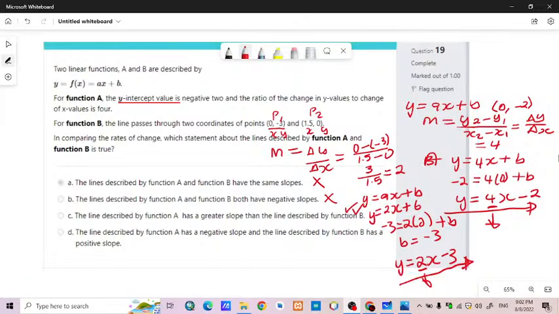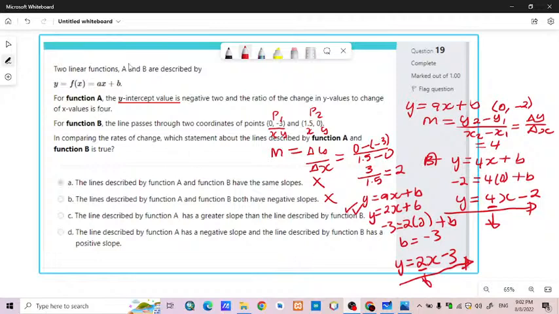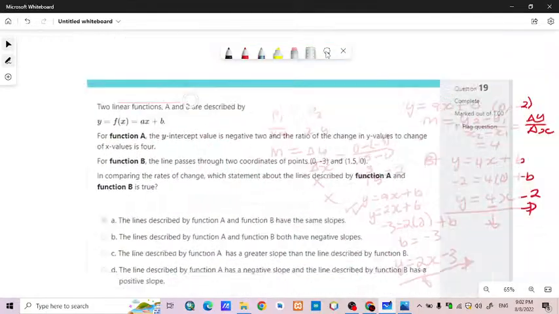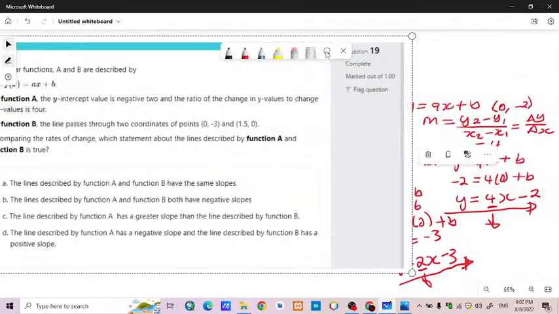Let's just erase this. Okay, I need to find a better way of erasing. My tablet. Don't disappoint me, tablet. You did exactly what I asked you not to do.